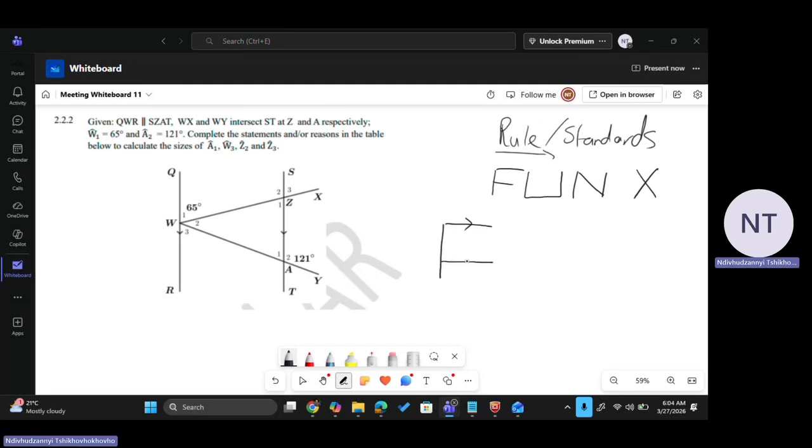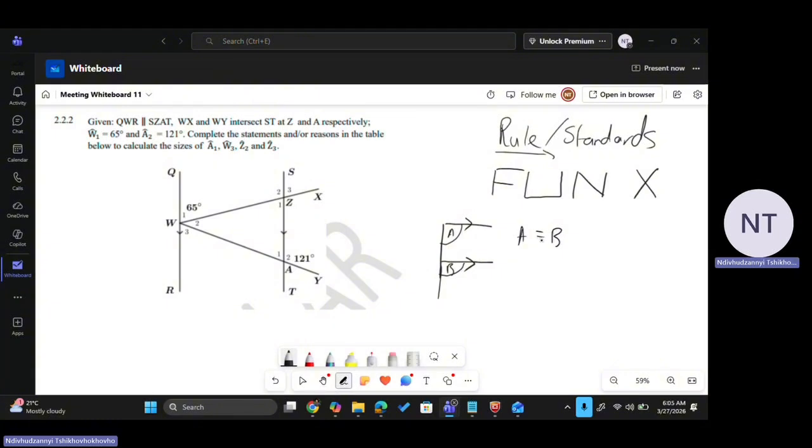So if you have parallel lines, right, and angles at that point, A and B. If you have parallel lines and the angles in the interior of your F, let's say A is equal to B. This is a rule, right?